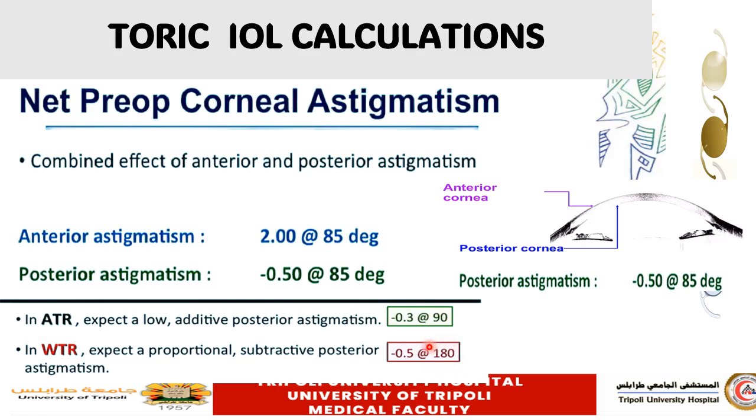However, if the anterior corneal astigmatism is against the rule, and also the posterior surface, which is commonly against the rule, then for the net astigmatism of this patient, we will need to add another positive value of around 0.3 at the axis of 90 degrees. So this is in brief how we measure the total power of the cornea and estimate the total corneal astigmatism, including both the anterior surface as well as the posterior surface.